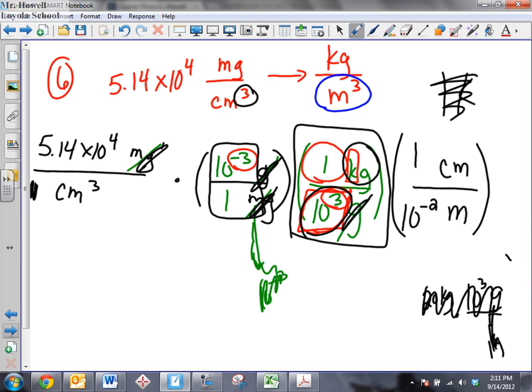And whenever there's nothing, you put a 1 on top. Just to reiterate, when I see centi here, the meters kind of cancel each other out, but this centi is overpowered. We need to balance it with something. Since centi means 10 to the negative 2, we put this 10 to the negative 2 here to balance out the centi. And we're done with this conversion so far.